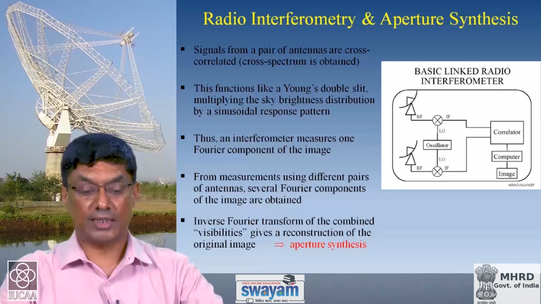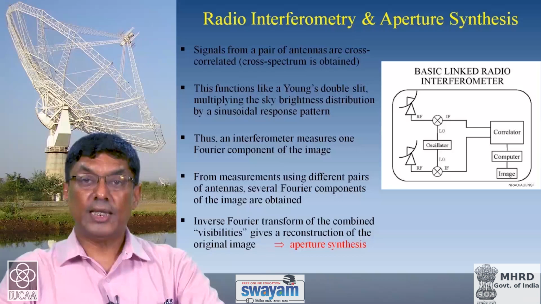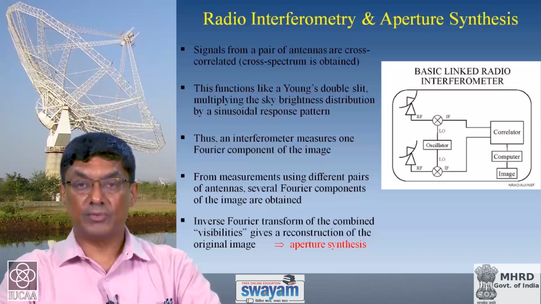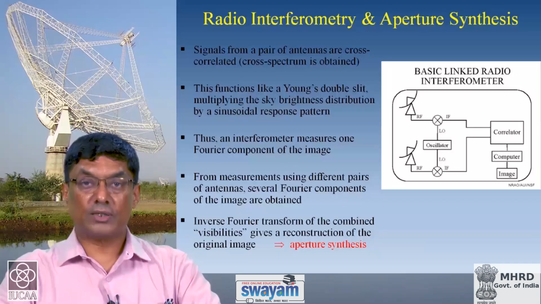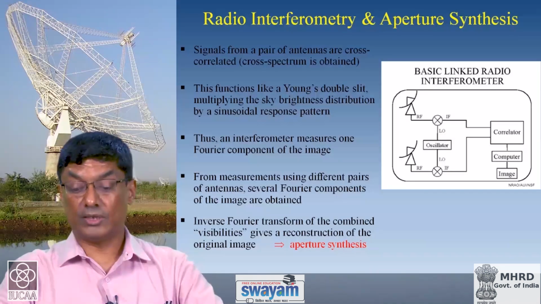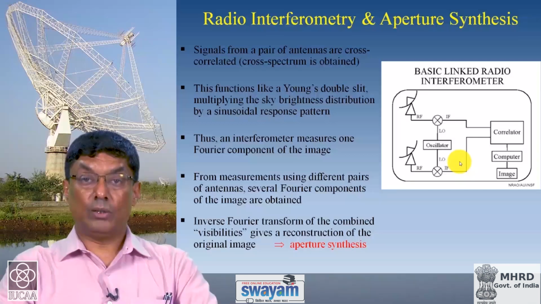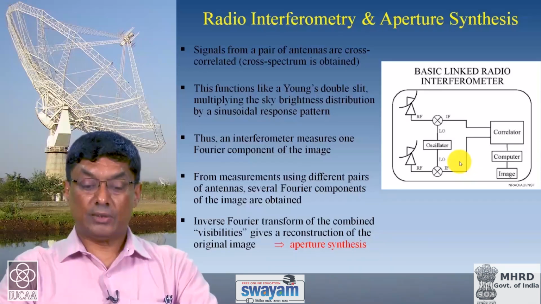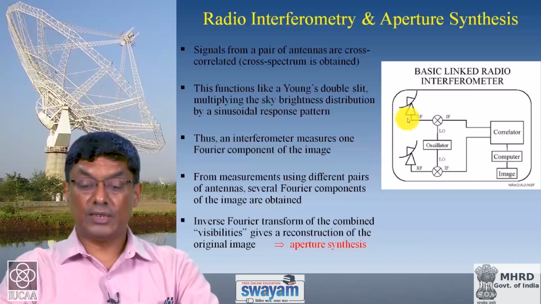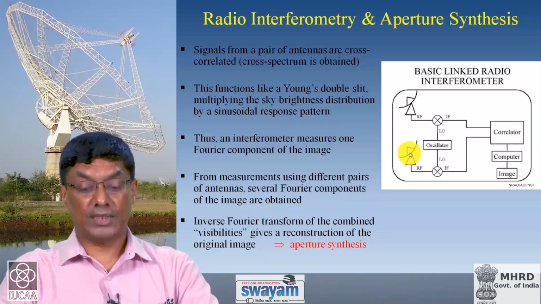Any image in the sky can be considered a two-dimensional image, and if you were to decompose it into a two-dimensional Fourier transform with its Fourier components, then you can show mathematically that a pair of antennas, when the signals are combined in this manner, is picking up the Fourier component whose Fourier frequency depends on the wavelength and the vector separation between the antennas.